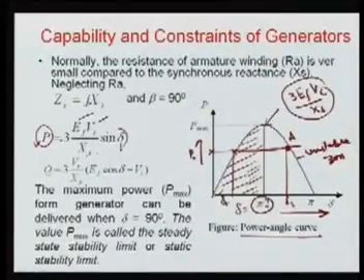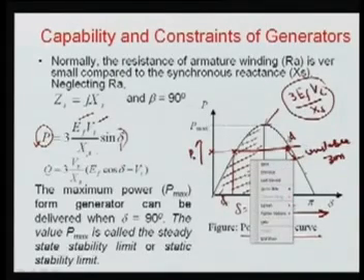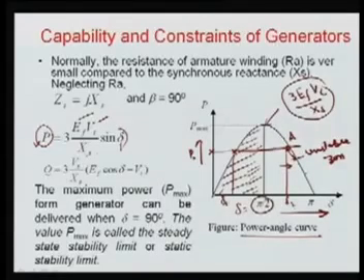If the power is increased, keeping this constant, we have to increase delta. But if you go beyond this angle and your angle increases, you come here and your power is reduced. But we want more power. So this area is unstable and this area is stable.